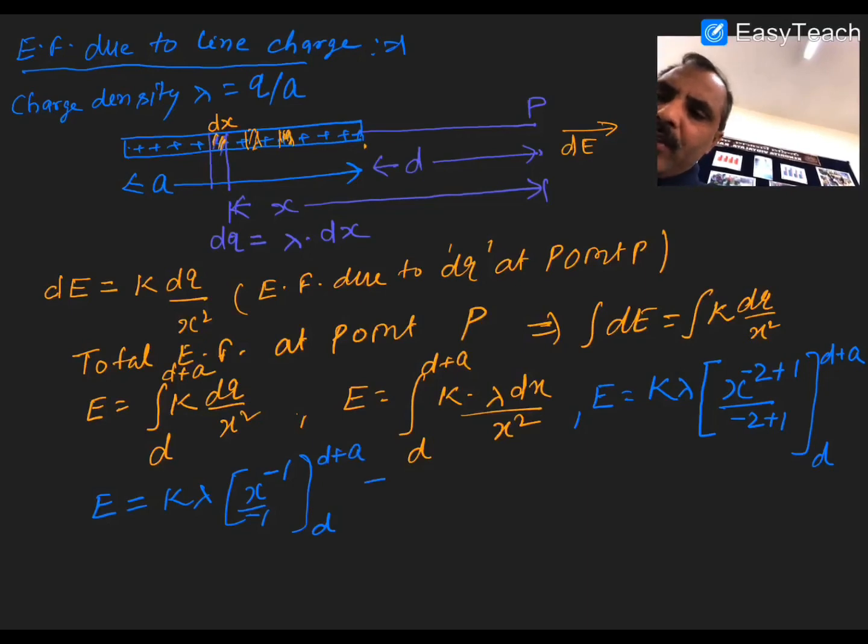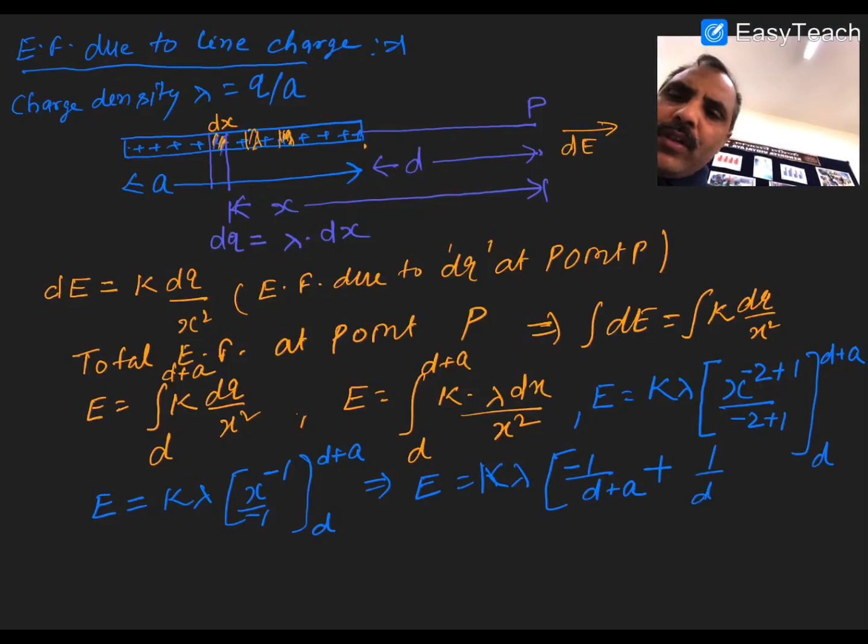First of all, we put the upper limit, 1 upon d plus a, with the negative sign, and then the lower limit, positive 1 upon d.